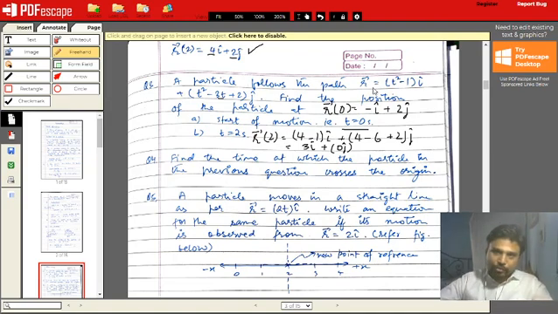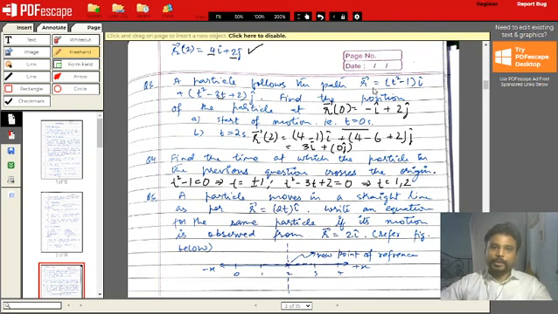The x coordinate is t square minus 1. So we put t square minus 1 equal to 0. This would give values of t equal to plus minus 1. And the y coordinate t square minus 3t plus 2 equal to 0. So on factorization, you would get the values of t to be 1 second and 2 seconds.